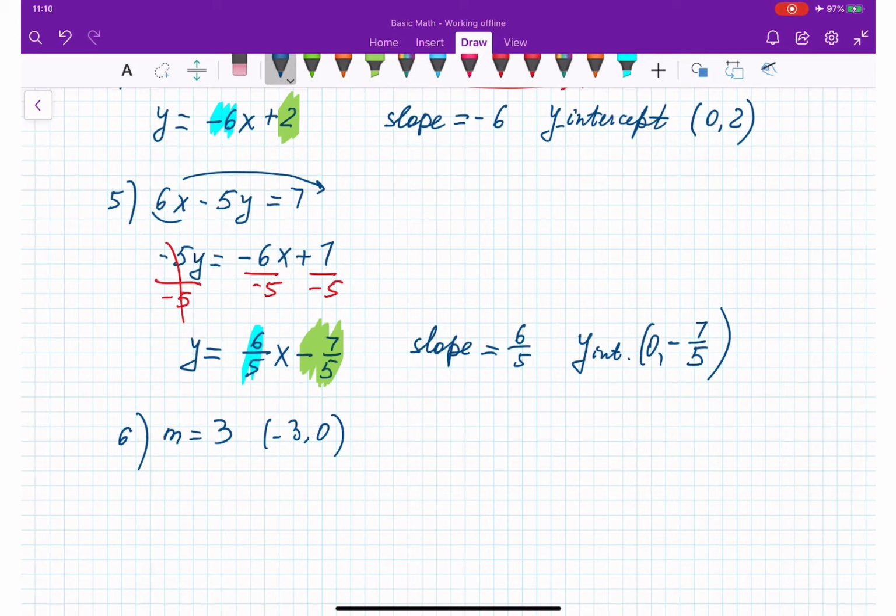That means our slope is equal 3. Yes? And the point, negative 3 and 0, which means we need to find the equation here of the line that has the slope 3 and passes through this given point.